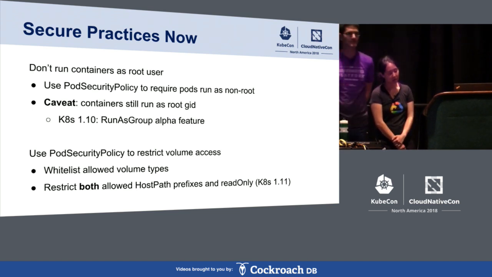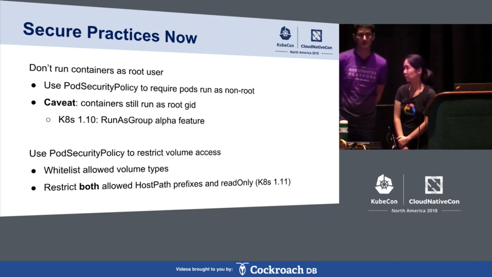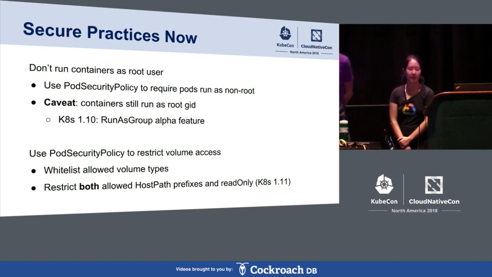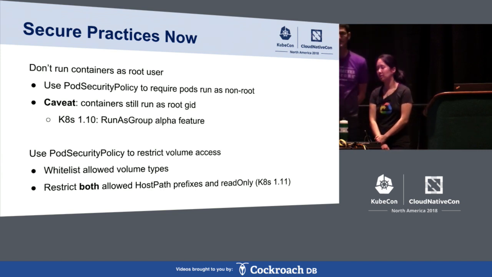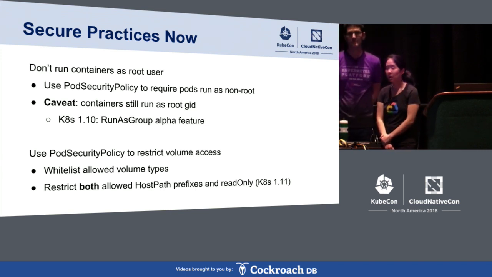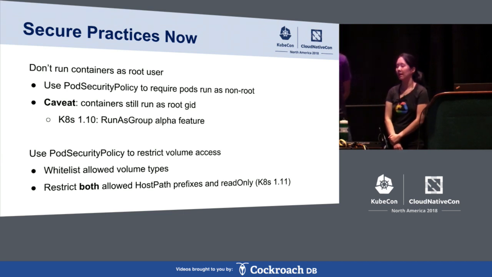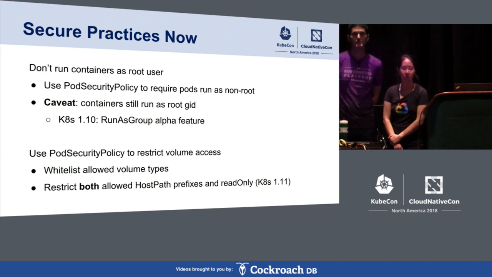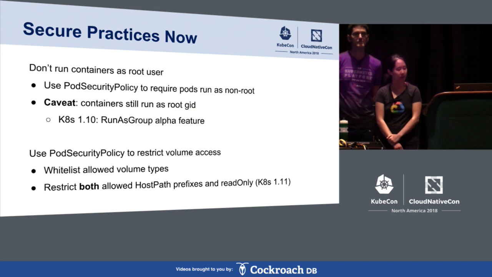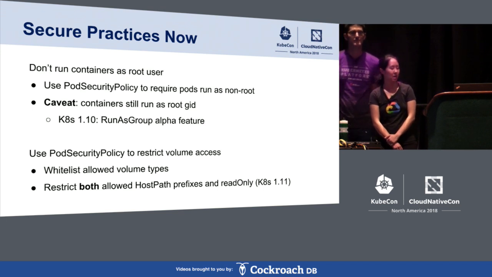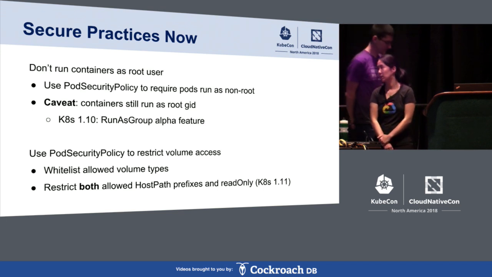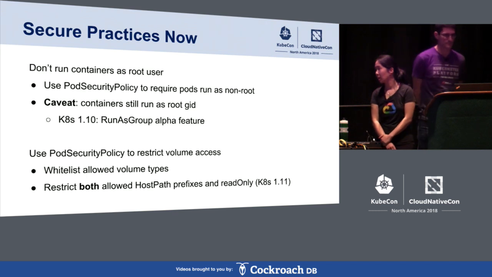I also recommend that you use pod security policy to restrict the types of volumes that your containers are allowed to use. Now, for this particular issue, it might not have been very practical because you would have had to blacklist almost every single volume type except for the integer volumes. But nevertheless, I still recommend you try to restrict them whenever possible, especially when using host path volumes.